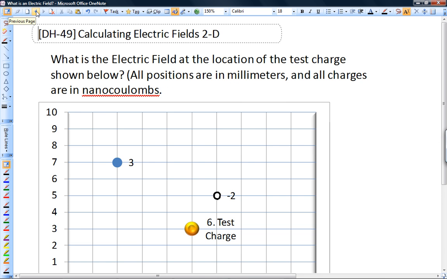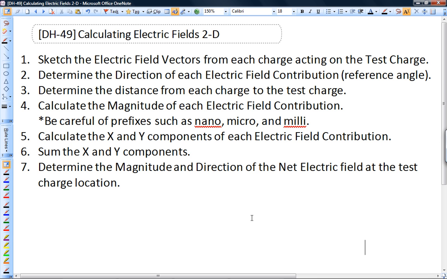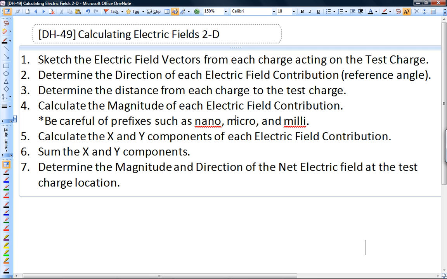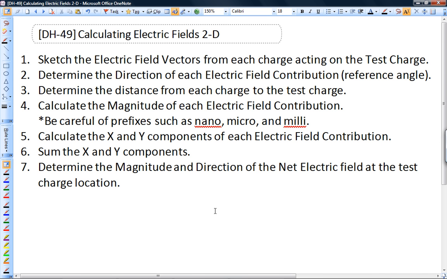Now what we're going to be talking about before we get into the actual problem is how to solve one of these. And I'm jumping right to one that has components. When they're on a single line, when it's one-dimensional, the concept is the same, but it's definitely a little bit easier. So first we're going to be sketching electric field vectors from each charge to the test charge, showing qualitatively the direction and maybe the magnitude.